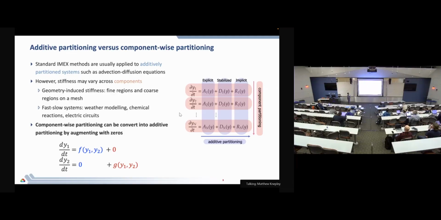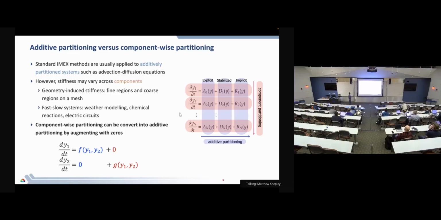One example of this is geometry-induced stiffness. When you are using an adaptive mesh, you have fine regions and coarse regions on the mesh, and apparently these regions pose different levels of restrictions on the step size. Another example is a fast-slow system, where you have fast variables and slow variables in your system.